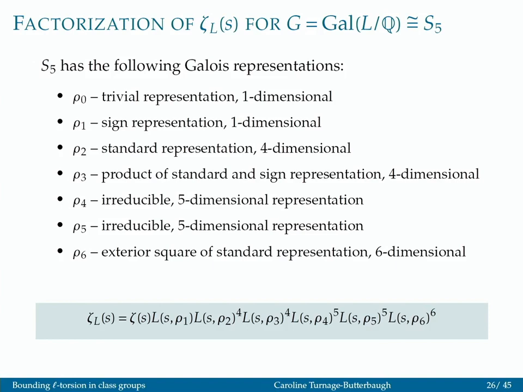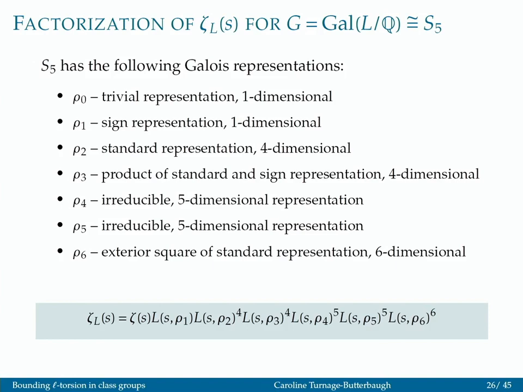So for example, if you want your Galois group to be S5, then it's known what all the irreducible representations of G are and what their dimensions are. Then you can just write the corresponding L-function for each representation as so, and the power that appears is the dimension of the representation.